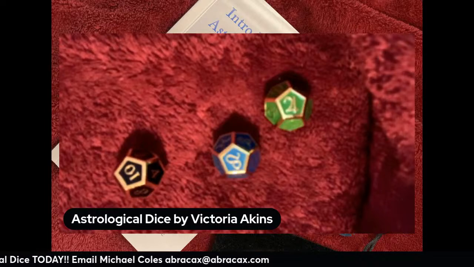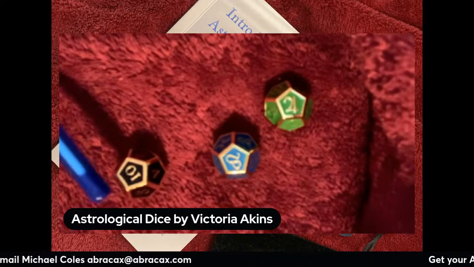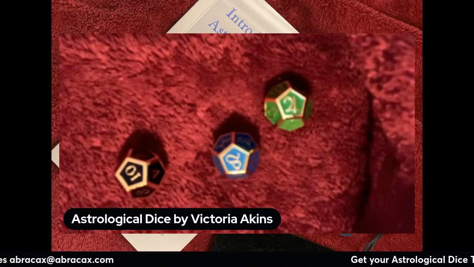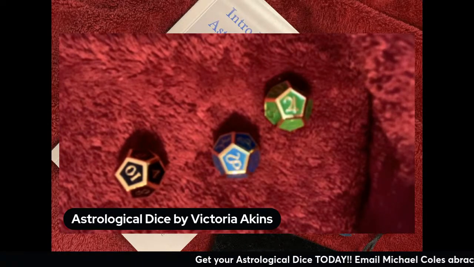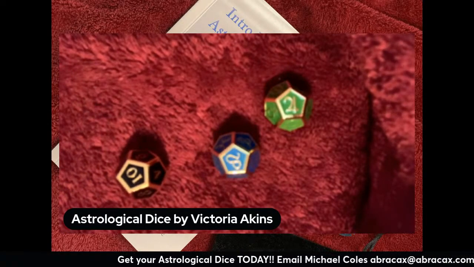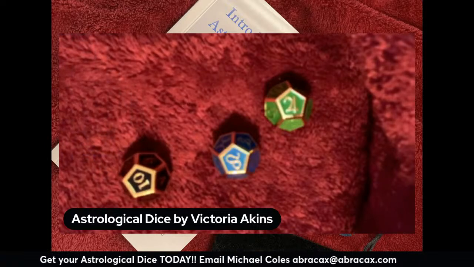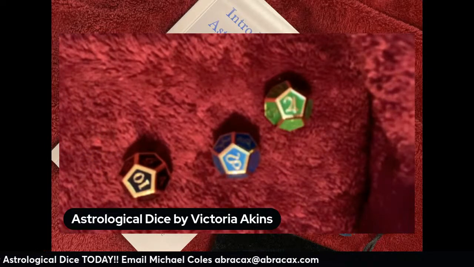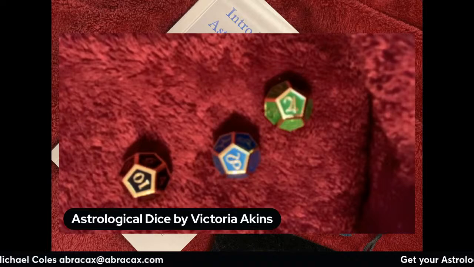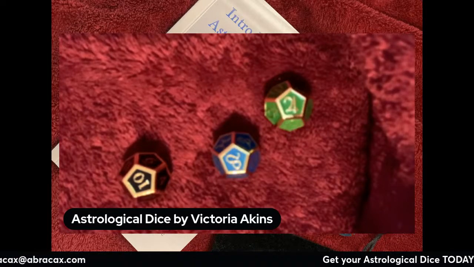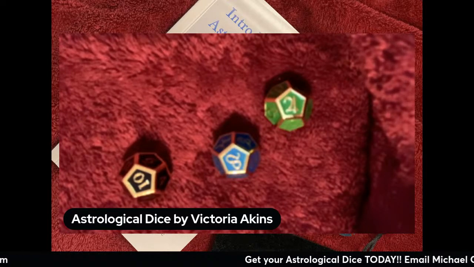Now, the house die, the black one, represents the area of your life which is affected by your question. This one represents the area of your life which is affected by your question, providing additional information and detail to the response you received from the other 2 die.